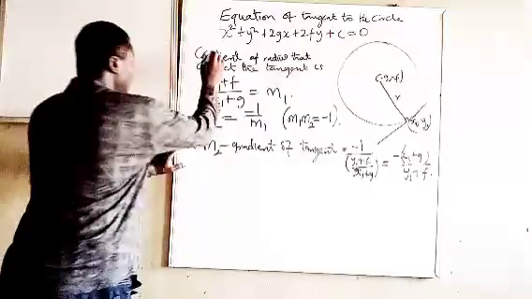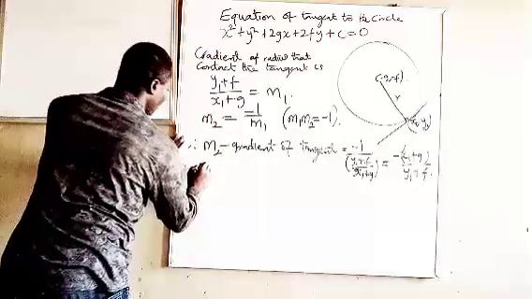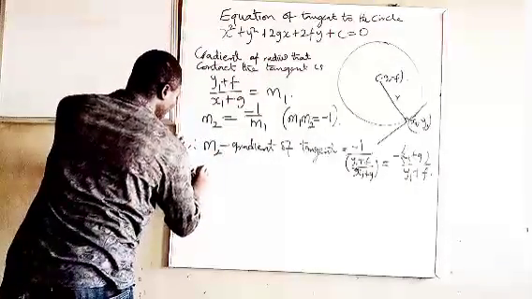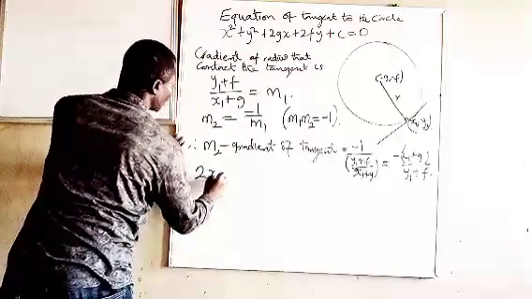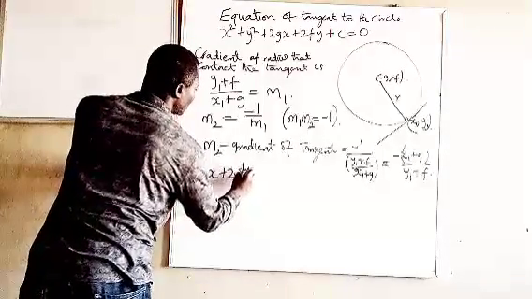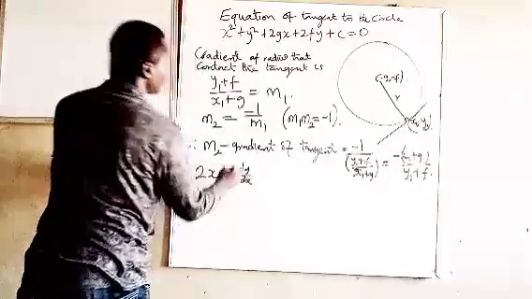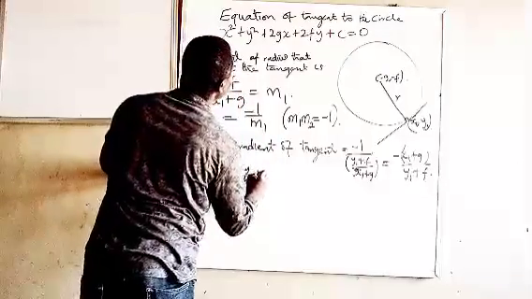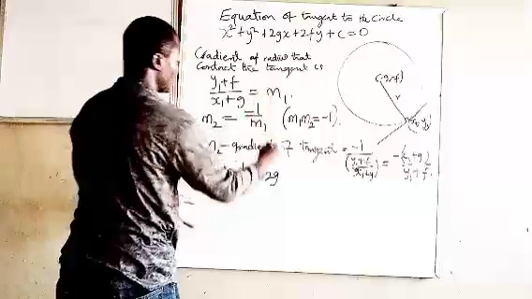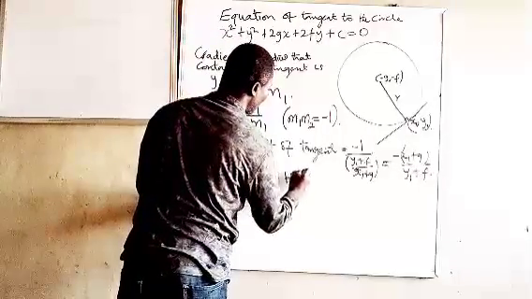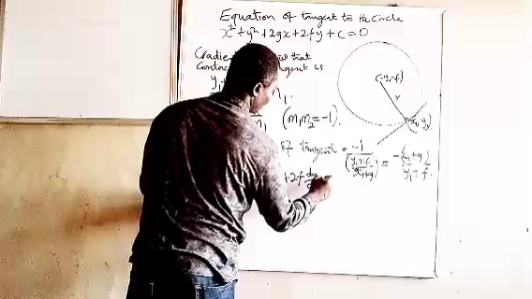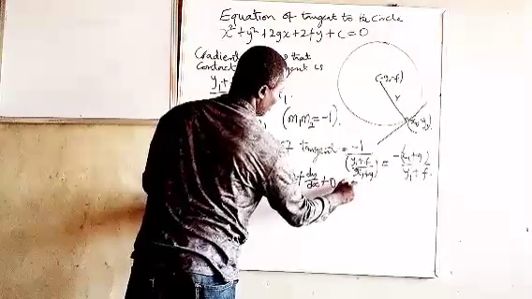So to differentiate x squared plus y squared plus 2gx plus 2fy, we are going to get 2x plus 2y dy/dx plus 2g plus 2f dy/dx equals 0.